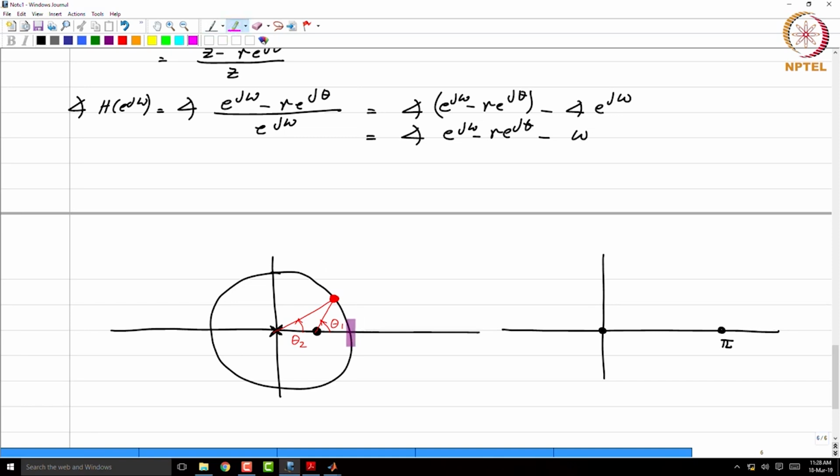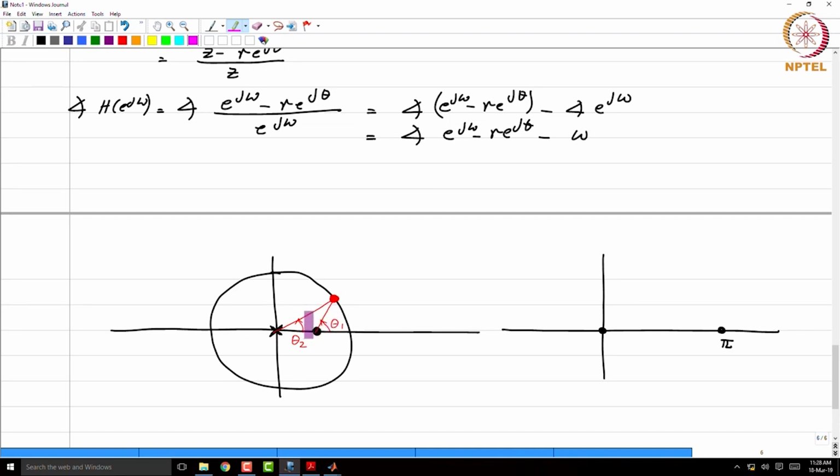When you increase the frequency from omega equals 0, going up around the unit circle, clearly theta 1 increases more rapidly than theta 2.